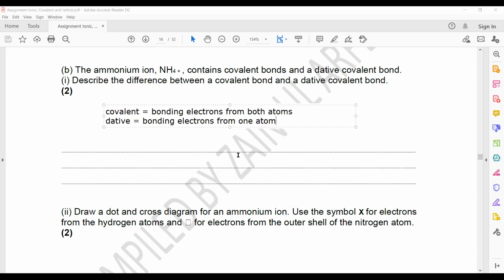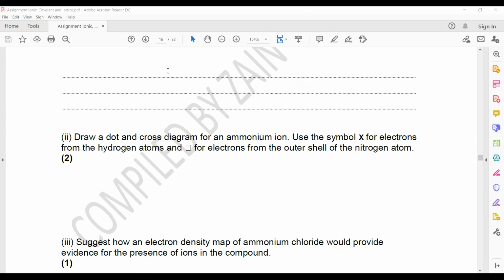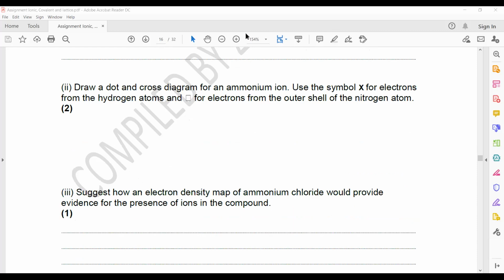Draw a dot and cross diagram to represent the ammonium ion, showing the outer shell electrons. So how do we draw the structure? As we already discussed, for example, a dot for nitrogen and a cross for hydrogen; you have to use the same symbols.